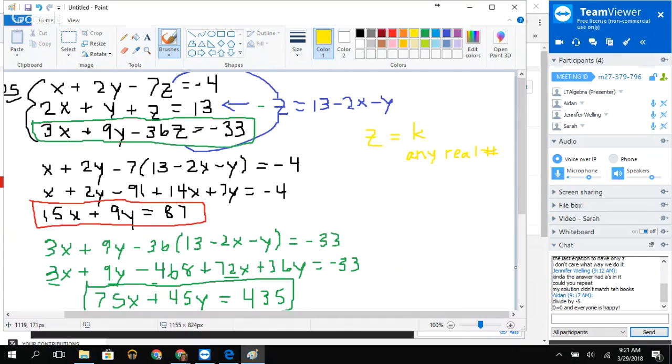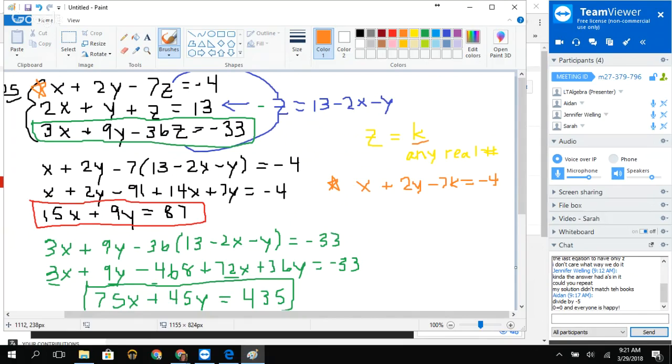Okay. So then if I wanted to solve for x and y, you're just going to plug k in for z. To solve for x, this is my easiest equation. So x does have some value, but it all depends on what real number you put in. So we have x plus 2y minus 7 times some real number that you pick equals -4.